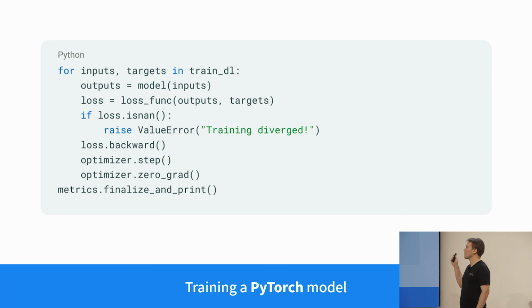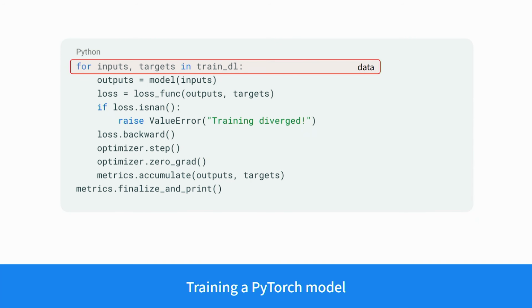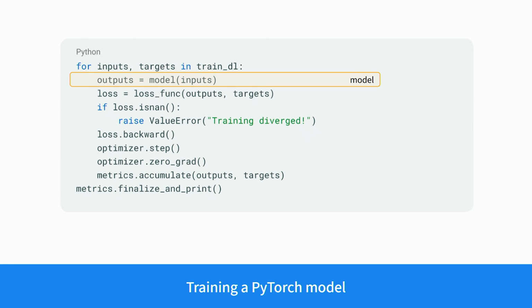So the diagram that we had before looks like this in PyTorch. This is the data part. We iterate through some stream, which is called a data loader in PyTorch, that gives us those inputs and targets. We compute the outputs of our model on the batch of inputs, and then a loss from this. And during those two operations, we execute potentially a lot of matmuls, leveraging the power of the GPU.